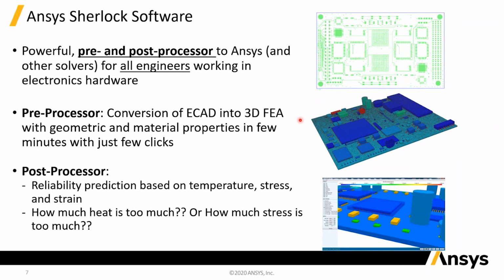Sherlock can generate this kind of MCAD in just a few minutes and with just a few clicks of your mouse button. Another thing is that Sherlock has a powerful post processor which not only predicts the temperature, stress, and strain in your system, but also tells you how much heat is too much, or how much stress or strain in your system is too much to cause any failure in the system.